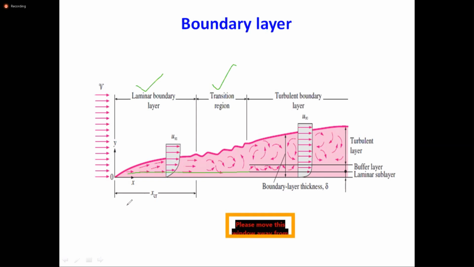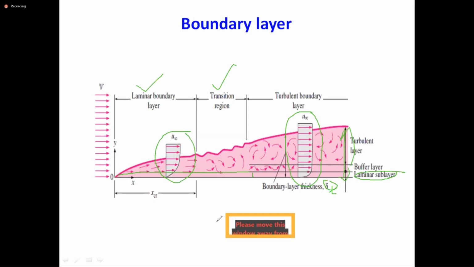This layer is called the laminar sublayer. This is the velocity profile at the laminar zone, and this is the velocity profile at the turbulent zone. This delta is called the boundary layer thickness. This is the total boundary layer thickness, whether turbulent or laminar; that depends upon the flow.